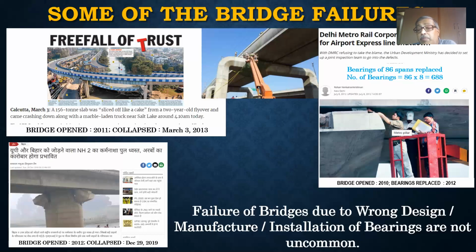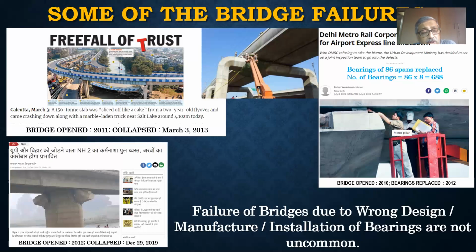They all had to be replaced because they were originally installed very poorly, which resulted in vibrations and problems with the performance of the bridge. The operations on the airport link had to be stopped for nearly a year for this repair, and a huge cost of the bridge bearing replacement had to be incurred by DMRC.